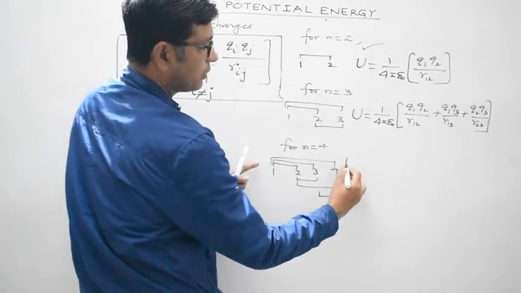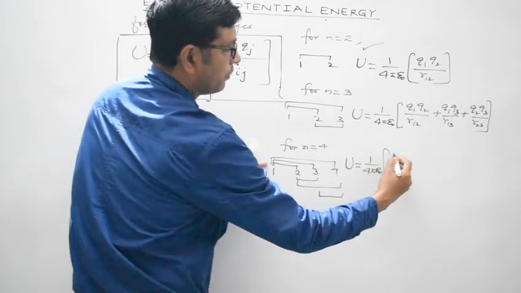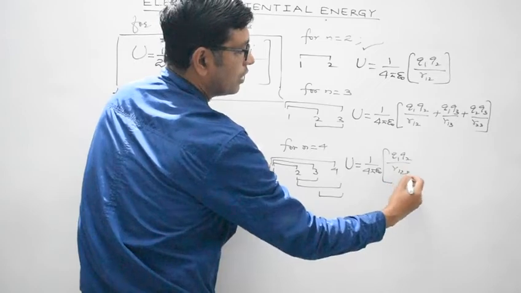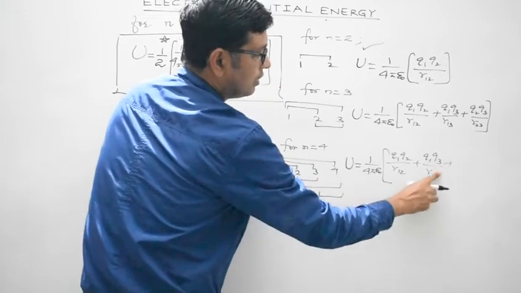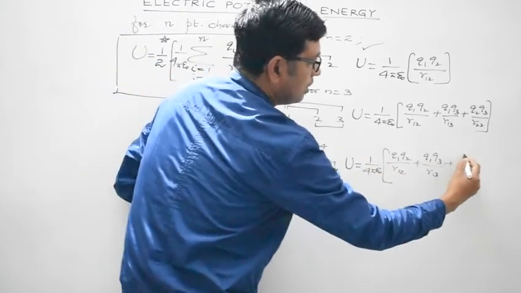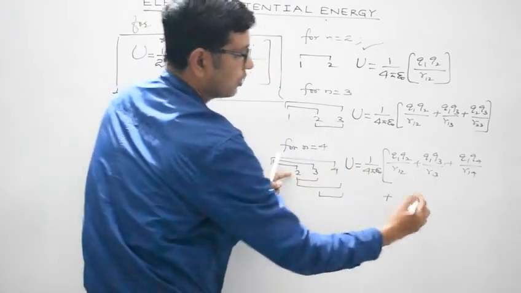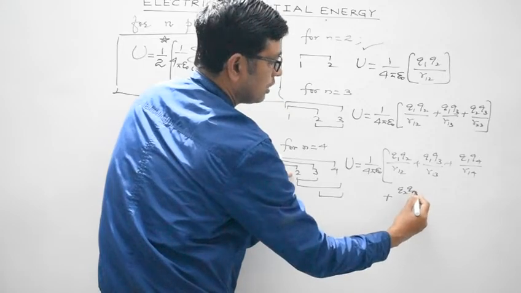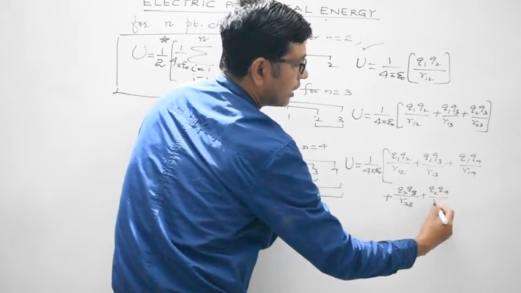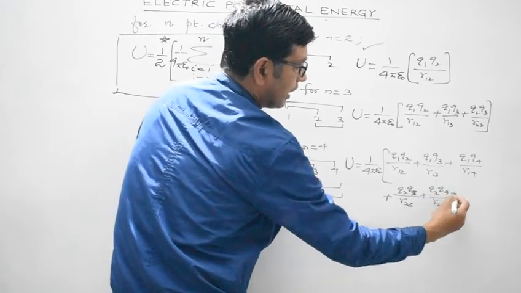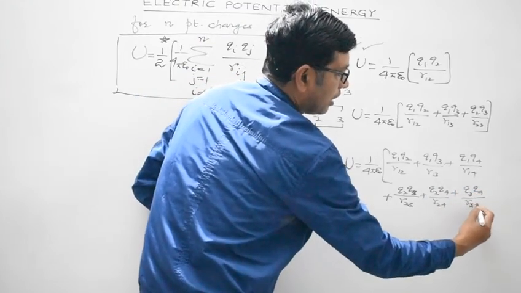So in such a case, the expression for the potential energy would be 1 over 4 pi epsilon. Look, 1, 2, Q1, Q2 over R12, 1, 3, Q1, Q3 over R13, 1, 4, Q1, Q4 divided by R14, plus 2, 3, 2, 4, that is Q2, Q3 divided by R23 plus Q2, Q4 divided by R24, and lastly 3, 4, Q3, Q4 divided by R34.